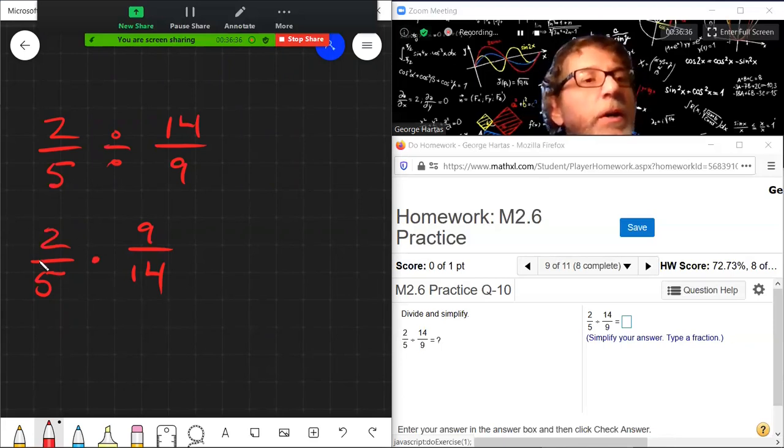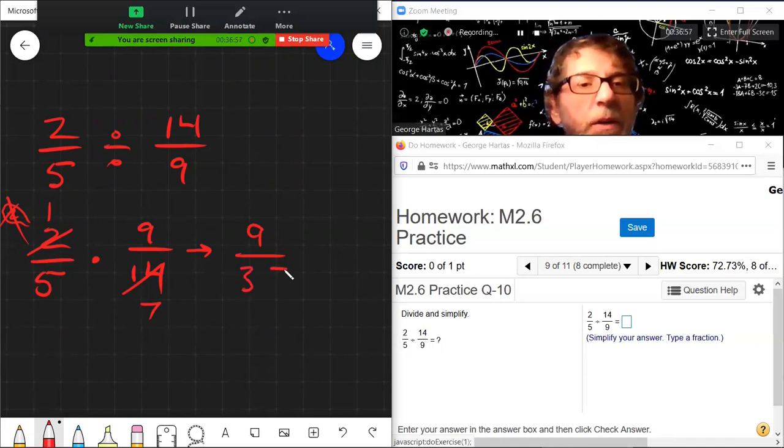Let's go for it. 2 goes into both. 2 goes into 2 once. 2 goes into 14 7 times. Nothing else seems to reduce. Let's multiply across. 1 times 9 is 9. 5 times 7 is 35. Done.